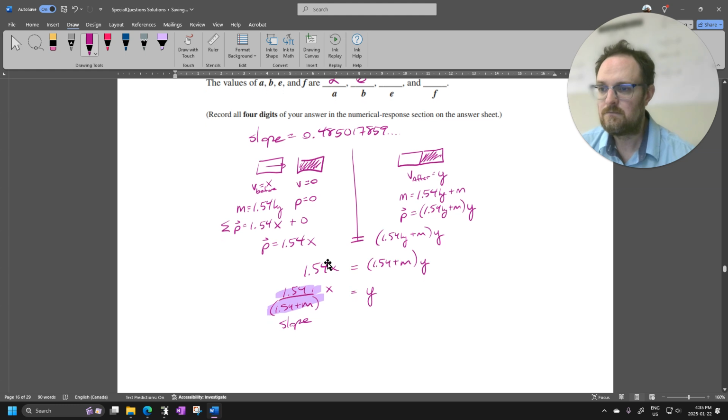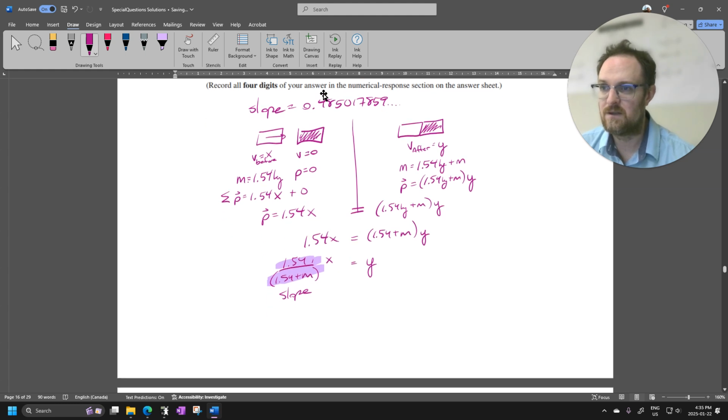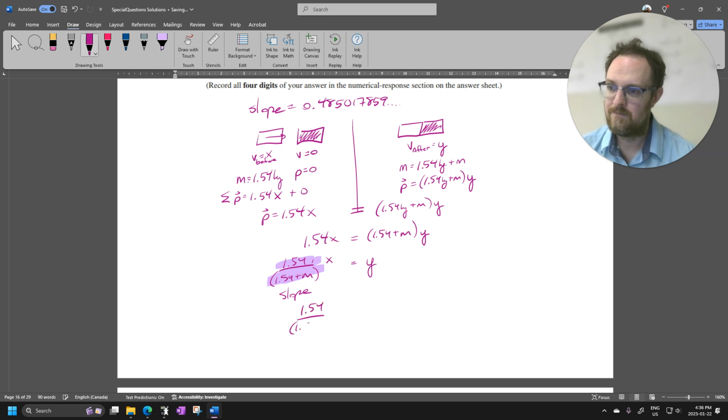All that stuff that's in front, that's my slope. That's equal to this number up here. So I can write out that this is equal to my slope. A bunch of decimals there.